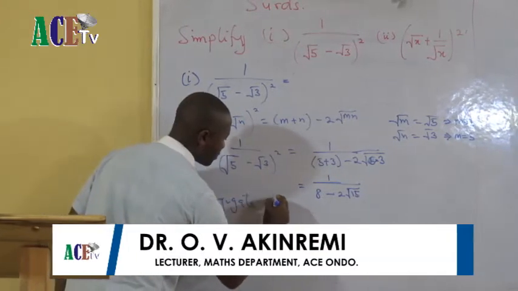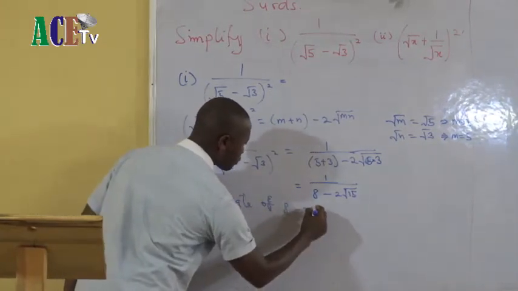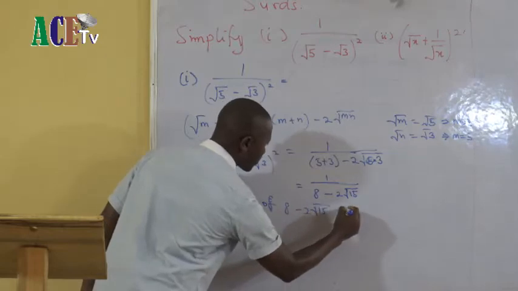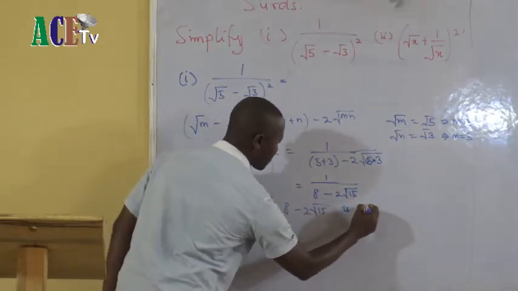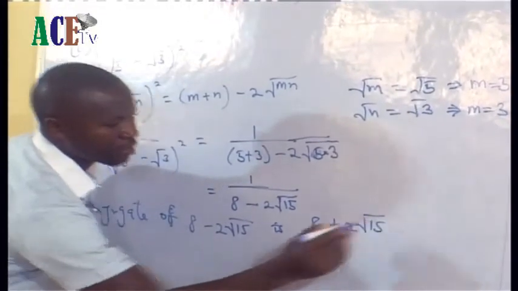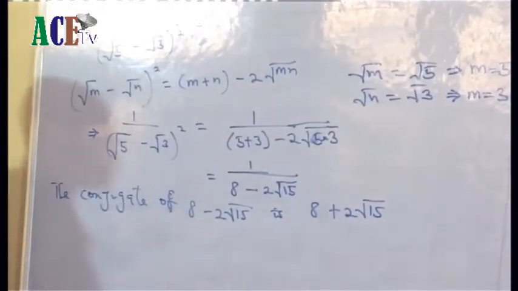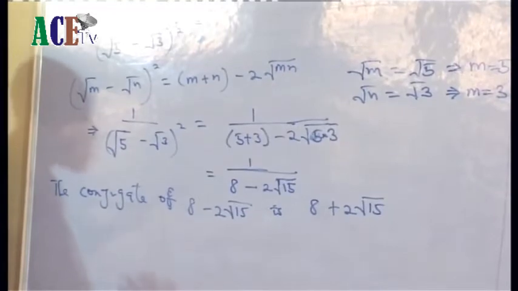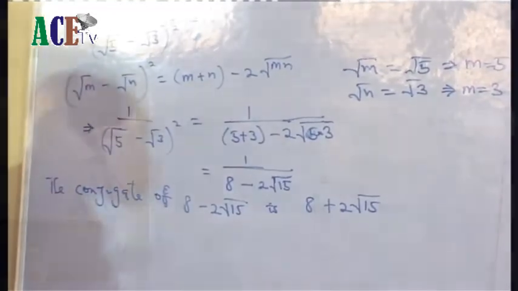the conjugate of 8 minus 2 root 15 would be 8 plus 2 root 15. So what we'll do with this is multiply the denominator and the numerator by 8 plus 2 root 15.